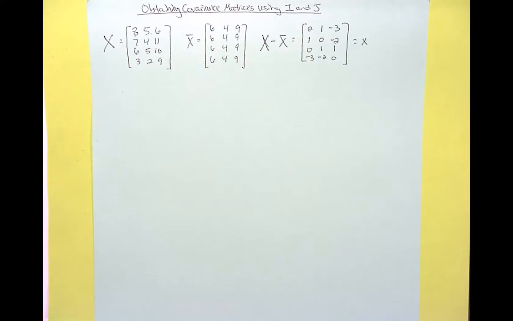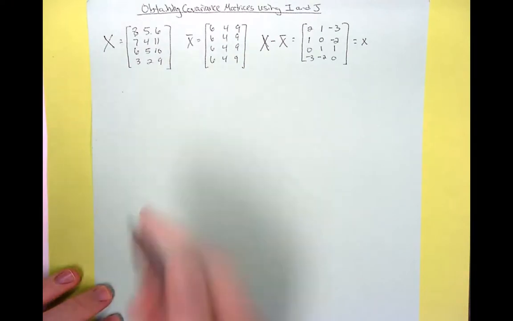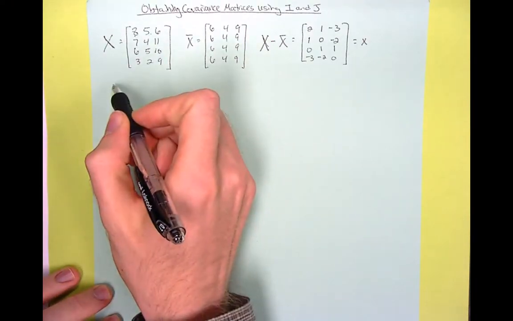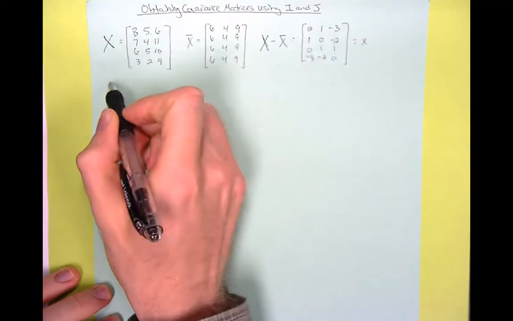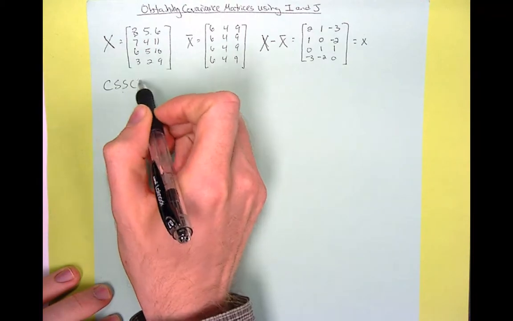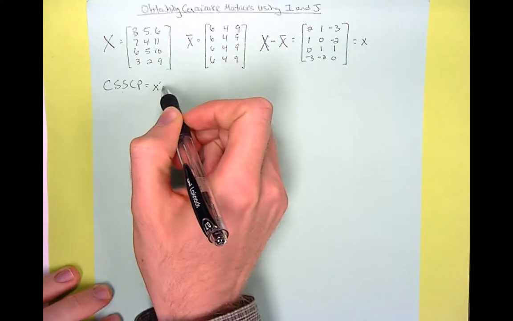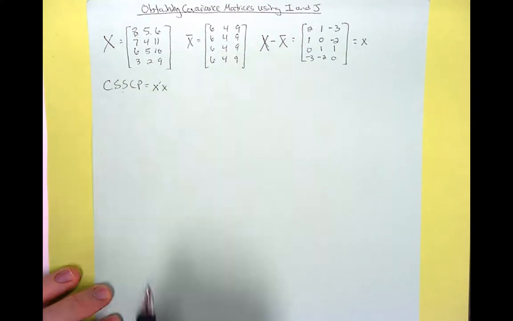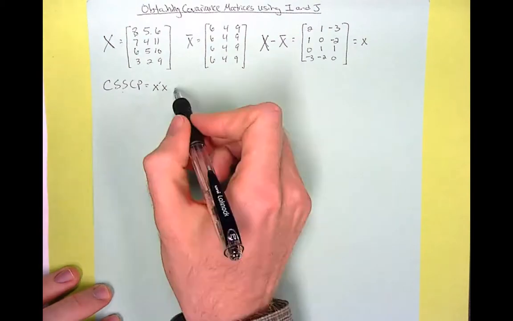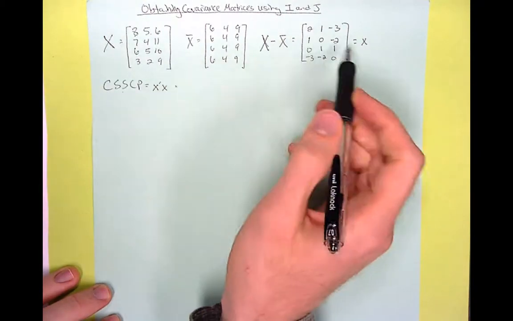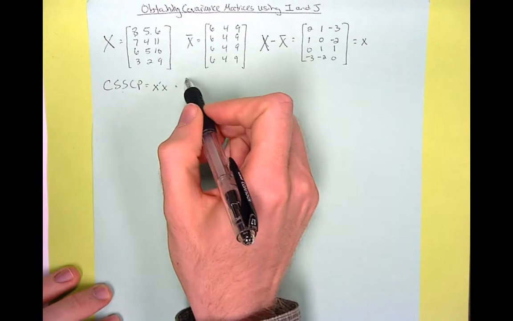We know this from video 3.8, which you can look at on page 95 of your text. We know from equation 3.1 that the centering sum of squares and cross products matrix is equal to small x transpose times small x. Okay, so we take this small x here, do the transpose.